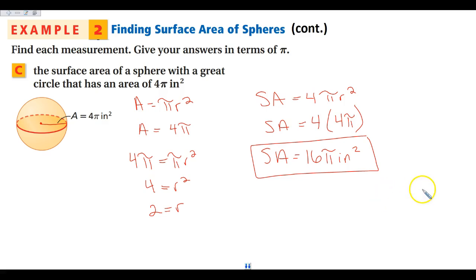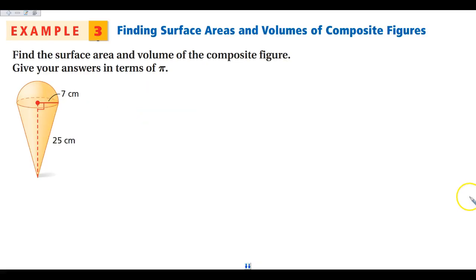All right. Now, let's take a look at a composite figure. So when we're looking at the composite figure, we want the surface area and the volume. So I'm going to start with the surface area. All right, with the surface area, I need the surface area of a hemisphere. Okay, because I don't want the entire sphere.